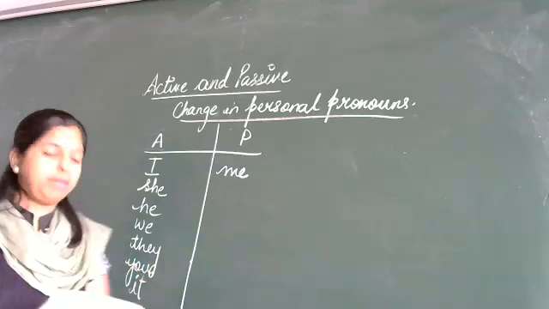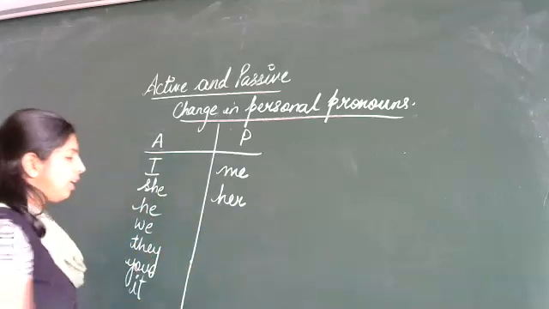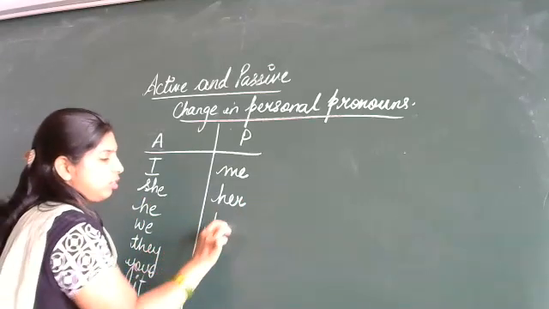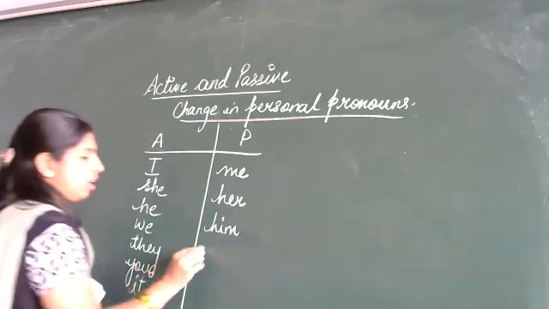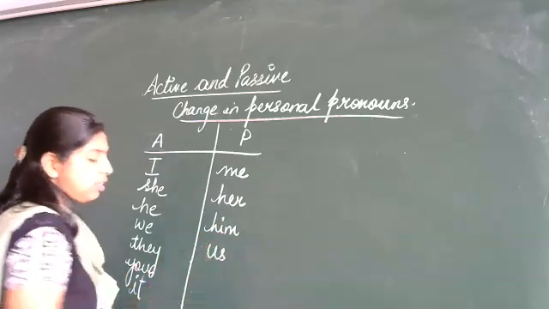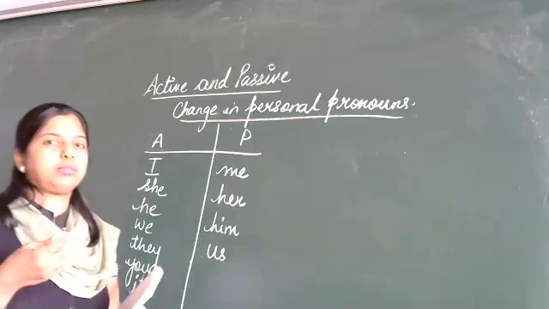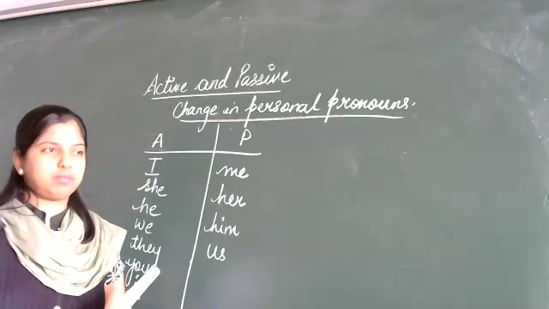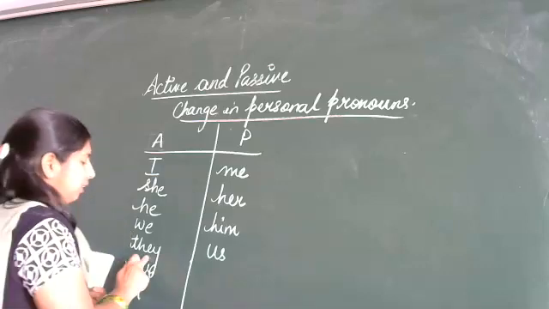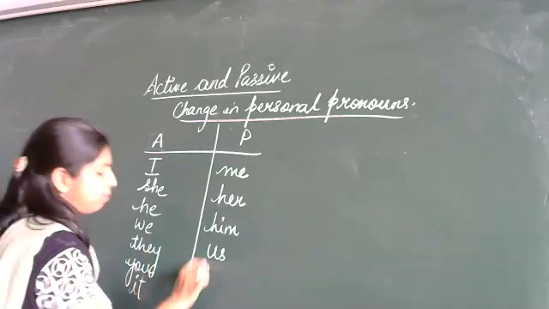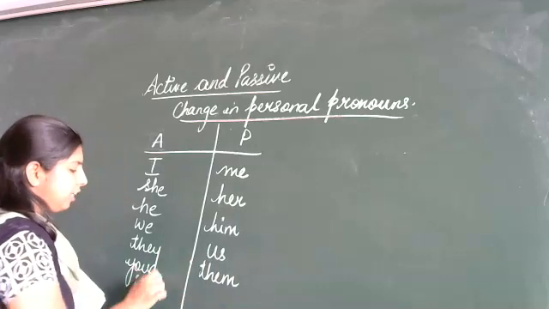I changes to me. She changes to her. He changes to him. We changes to us. We got the book. The book was given to us. That is we. They changes to them. Here there is no change in these two.